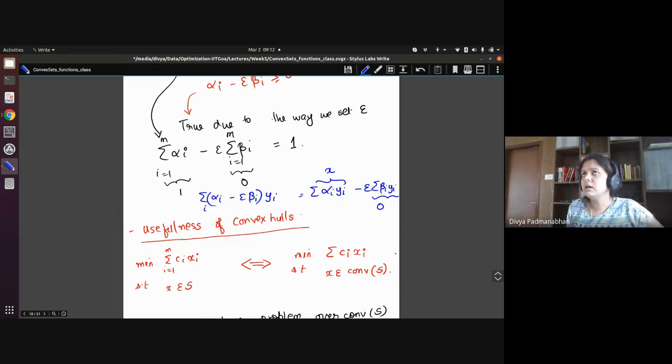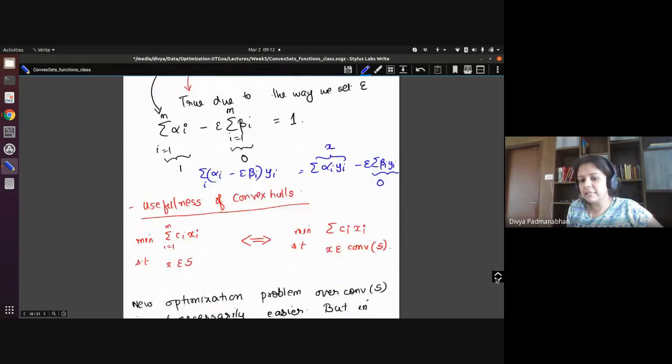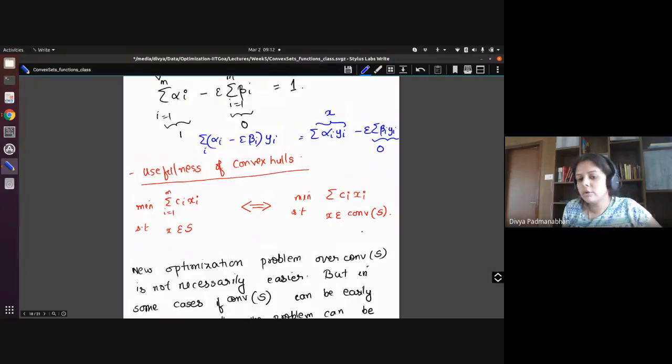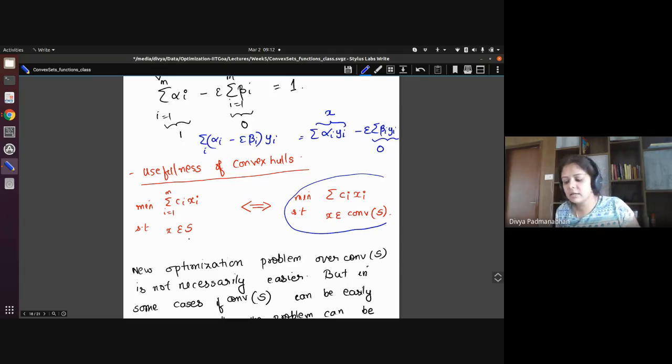It's not immediately the case that the convex hull makes things simpler. But in some cases the set might be non-convex, yet when you take the convex hull, there are nice representations, so you can solve the problem more efficiently. You can find examples in integer programs.